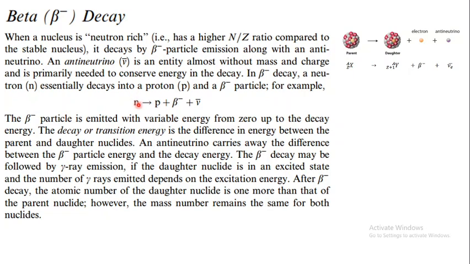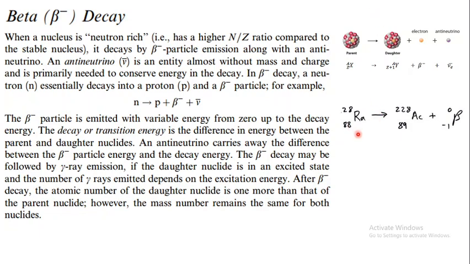So in the parent radionuclide, one more proton is formed. If one neutron disappears and one proton appears, the nucleon number overall will be the same and the atomic mass will also be the same. This is the beta radiation, and this is the antineutrino as an energy compensation process. This is an example of the beta decay process.